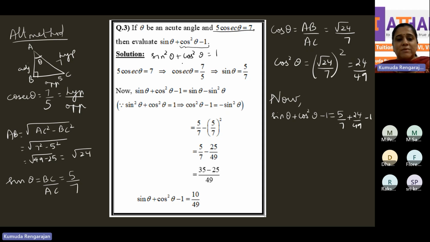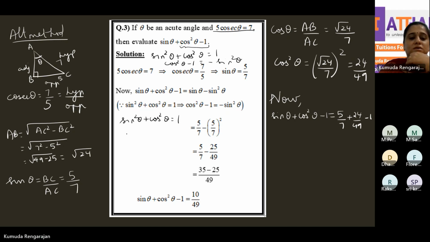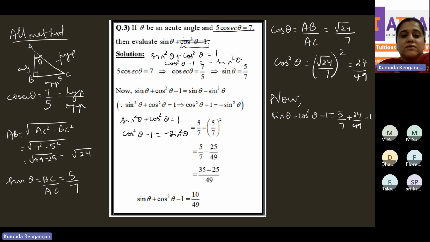So cos square theta minus 1 is equal to minus sine square theta. Yes or no? So I've replaced this one with minus sine square theta.